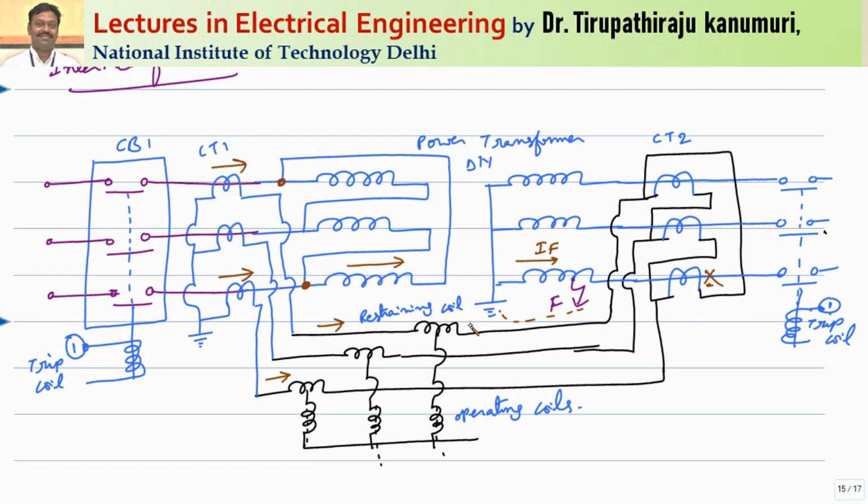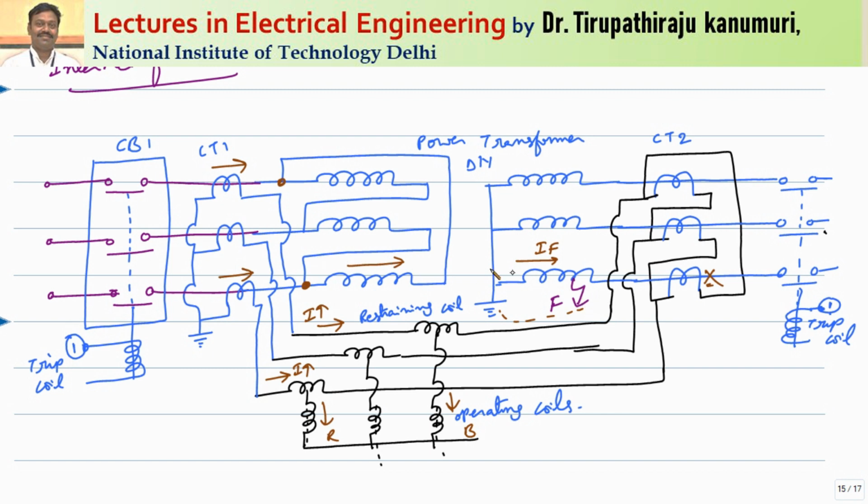And this side, this R phase, the current is different. So here this current is more, and this current is also more. So because of this, that current passes through your operating coil, and the same way it will pass through this operating coil. That means the operating coils of both R phase and B phase will operate for a fault that is happening to ground. Getting this one?